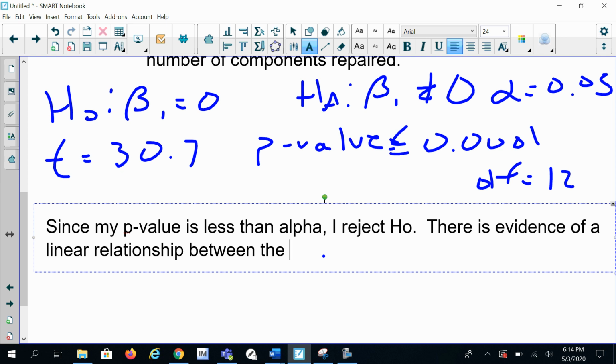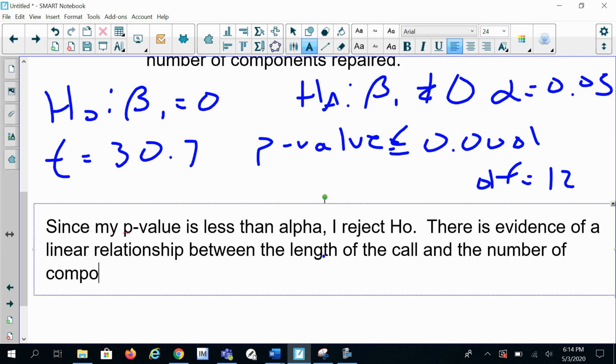This is the length of the call and the number of components repaired.